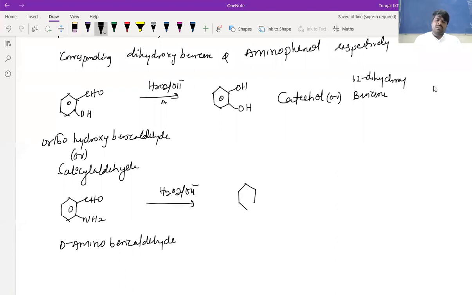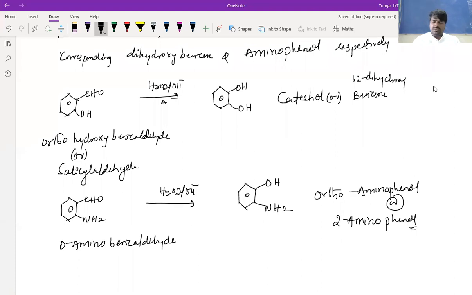Here the aldehyde group is converting into hydroxyl. This is called ortho aminophenol, or 2-aminophenol. So this is another method of preparation. These are all the different methods of preparation of phenol.